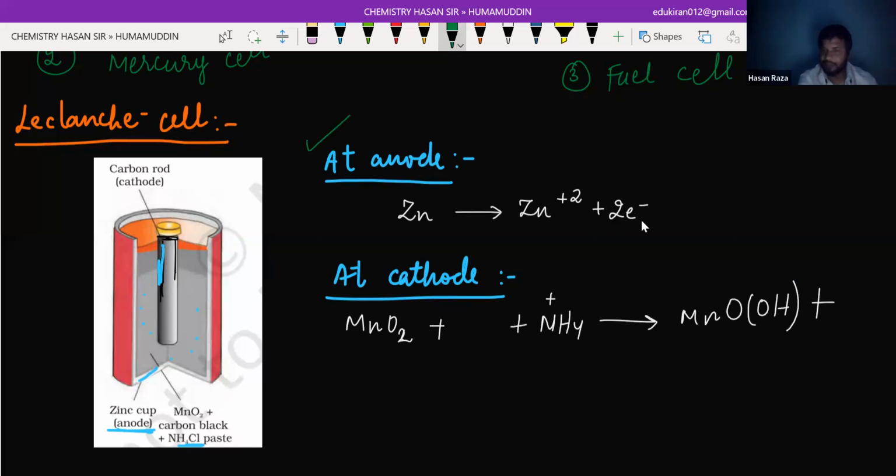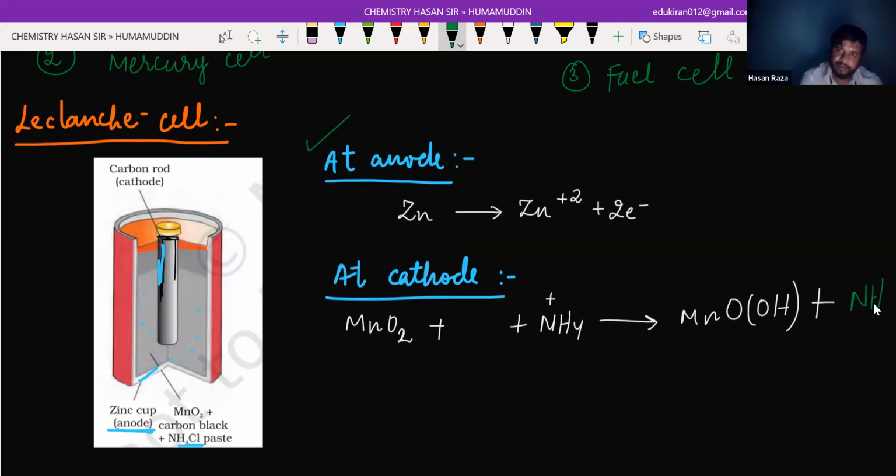So Zn converts itself into Zn2+. Now you can see at cathode this paste will react with NH4+, and it will convert itself into MnOOH plus NH3 gas.